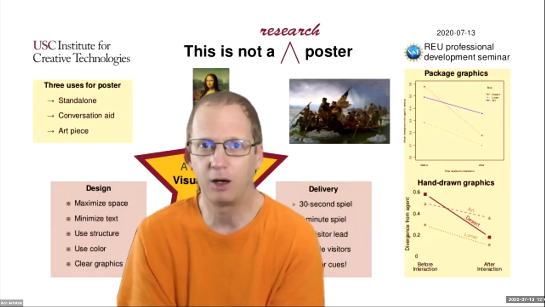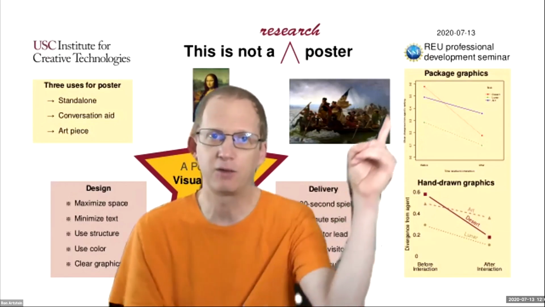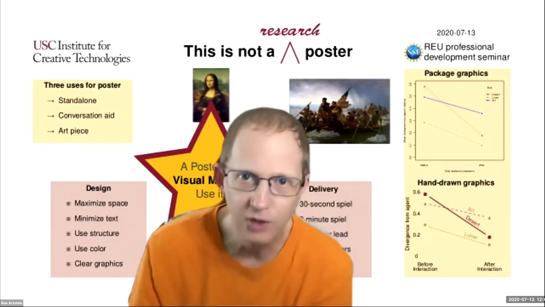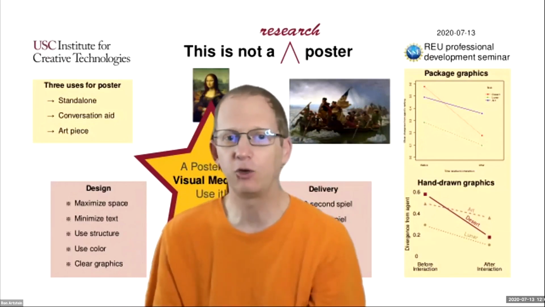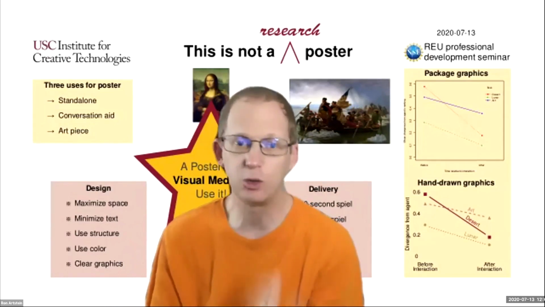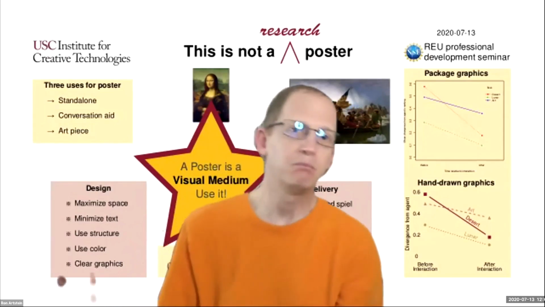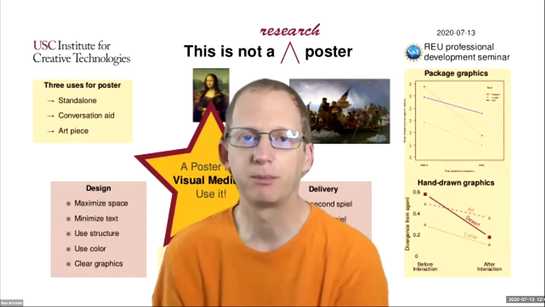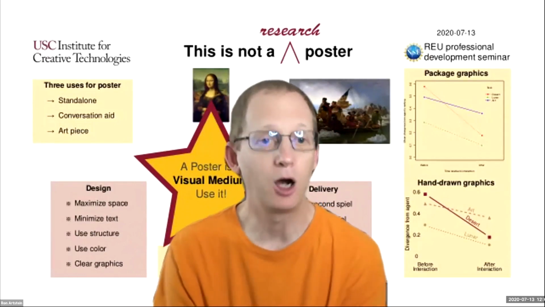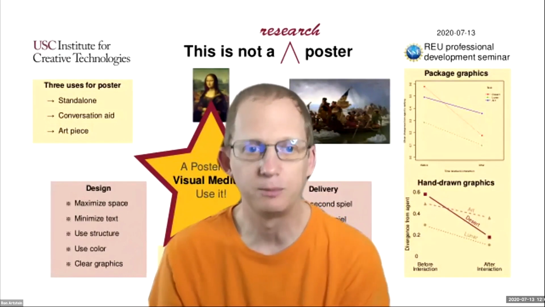The color of the NSF logo is the color of the NSF logo because that's just the way it is. Everything else is trying to join a theme, which is USC colors. Not crucial, but it's nice. It makes it more visually appealing. It helps the art piece aspects of your poster.